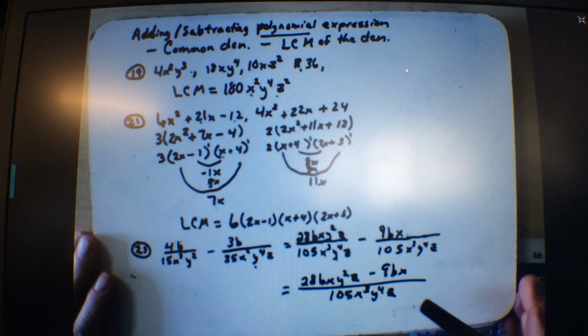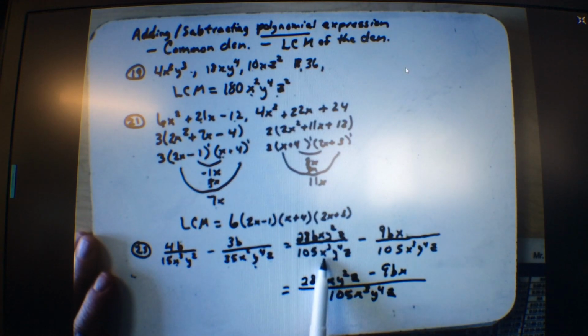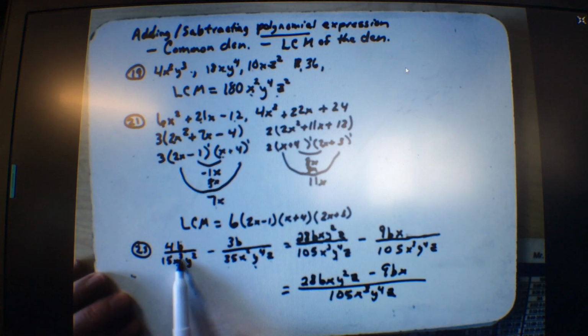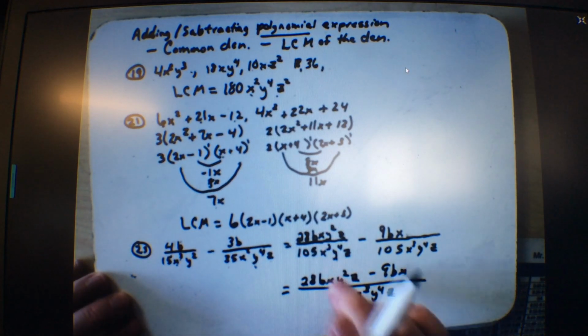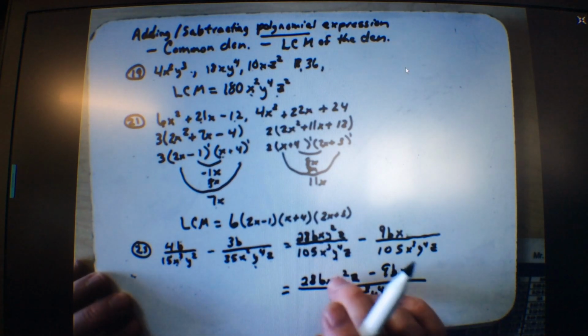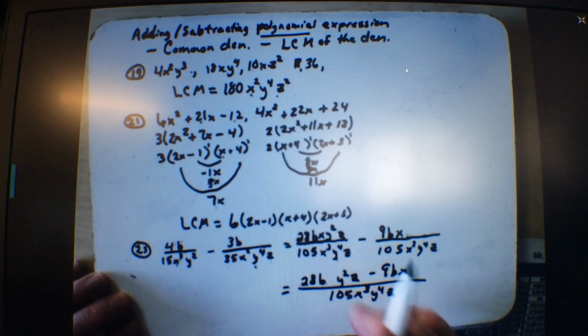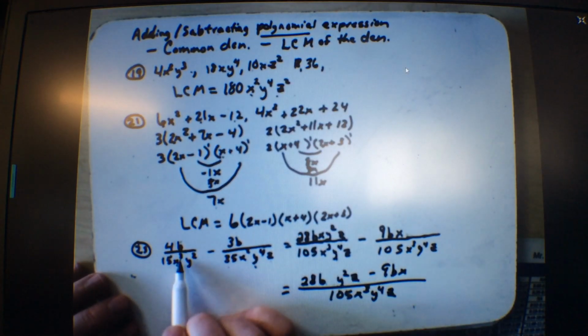Yes, Addie. Why for the 28bx one, why do you keep an x there? Because this one had 3 x's and your common denominator had, or excuse me, this one had, oh, wait a minute. That says 3, doesn't it? Should I have an x here? No. No, I'm sorry. You're right, Addie. Well, because I thought that was a 2.